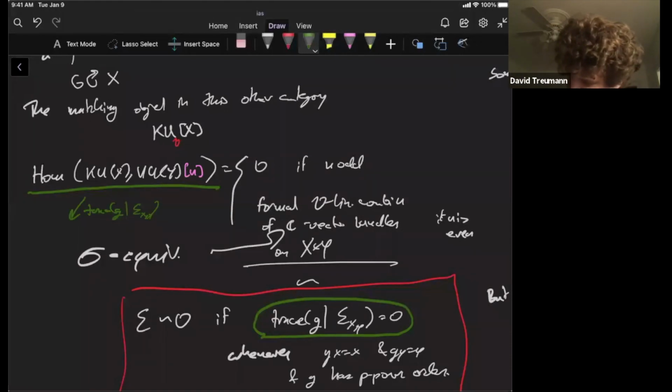It defines a map to, maybe I should write complex numbers, the permutation module over C spanned by the fixed points, as long as G is of P power order. So in another context, this would be called the Brauer homomorphism.